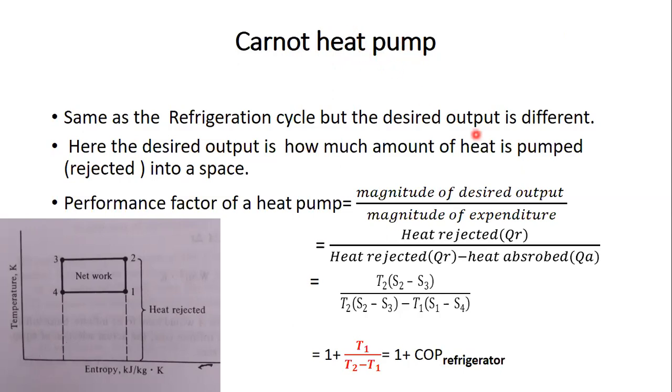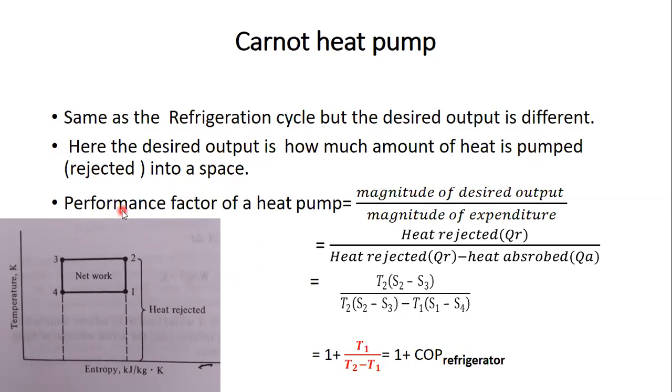The heat pump will absorb heat from the outside air, which is already at a lower temperature. Then it will pump that heat towards the inside of our living room. So here the desired output is how much heat is pumped or rejected into a space. That space can be the inside of our living room, or any space like that.